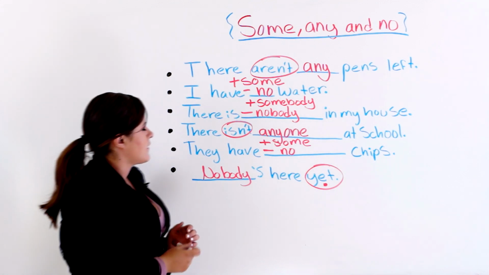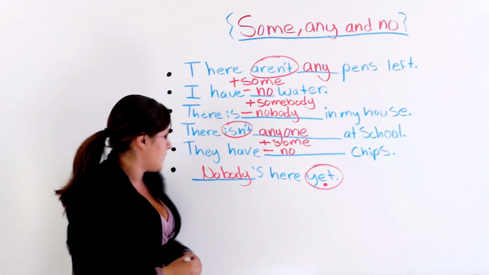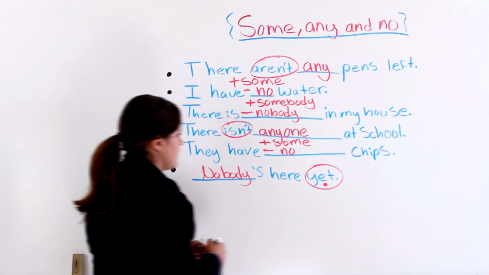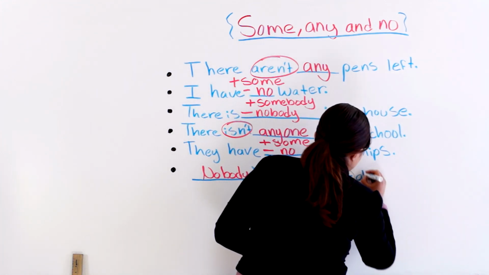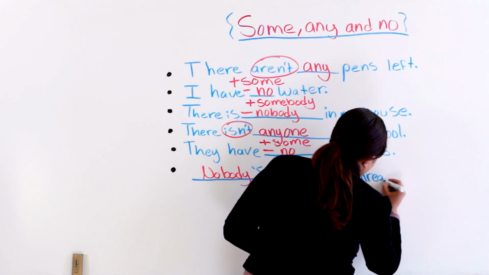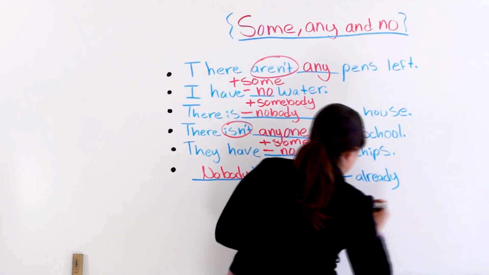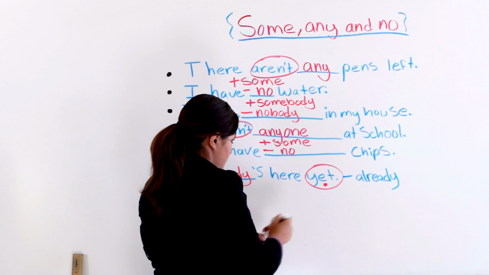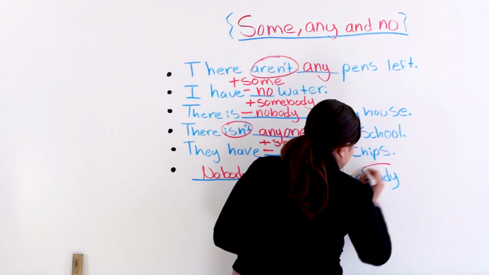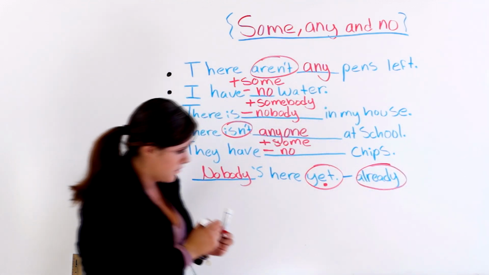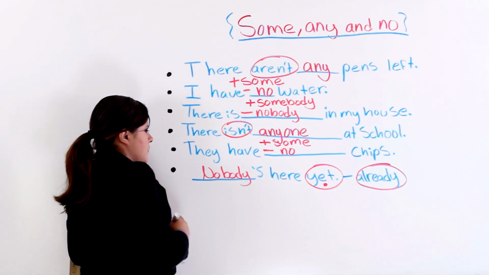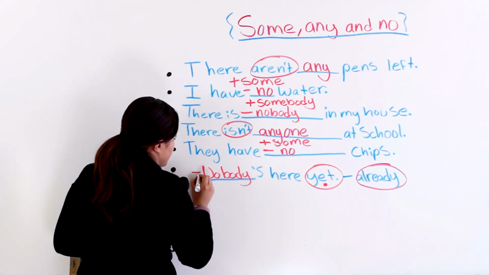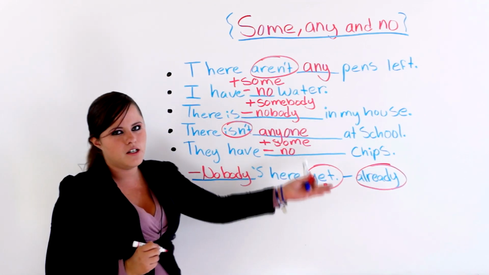Okay? If I change this word right here, and instead of saying yet, it would be already. What does that mean? It would change the whole meaning of the sentence, and we would know it would be an affirmative statement. In that case, we would not be using nobody's. Nobody's here already.